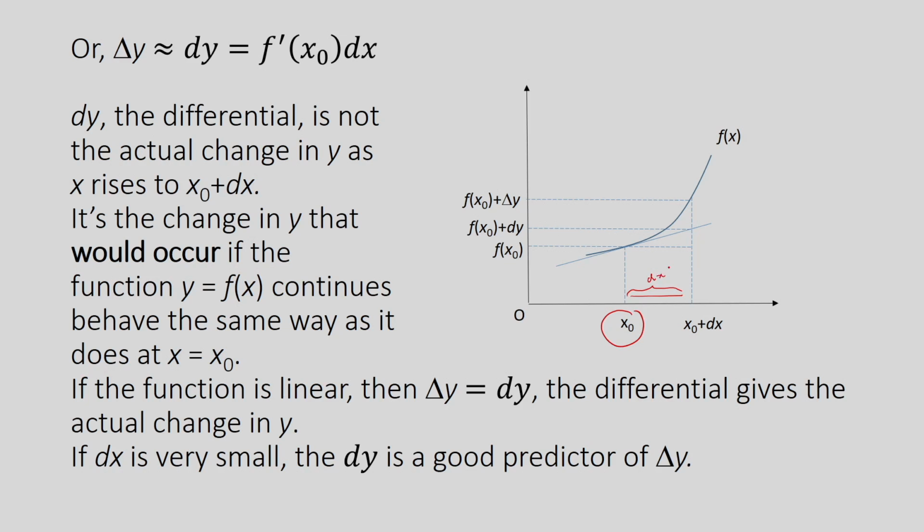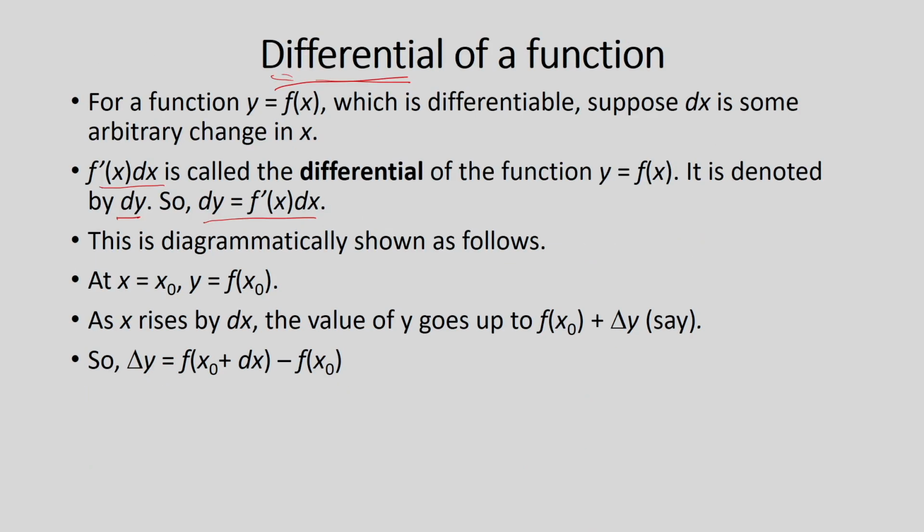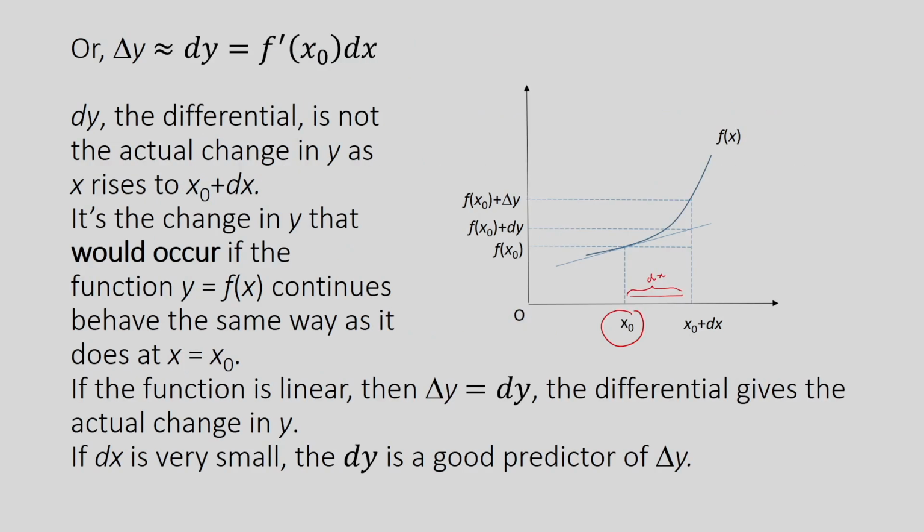So, here dx is positive. So, therefore, the value of x is rising because dx is positive, it becomes x0 plus dx. Okay. So, at x is equal to x0, value of the function is y is equal to f(x0), which is given by this point here.